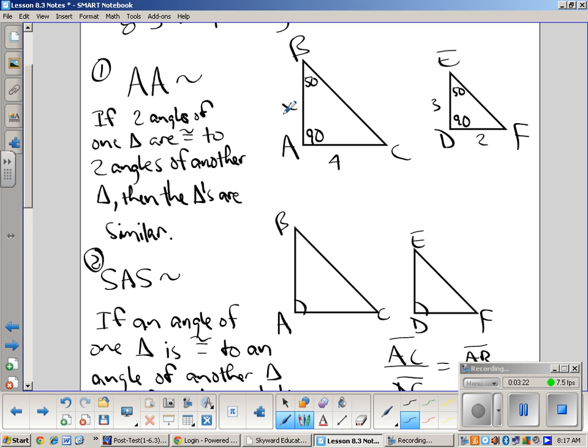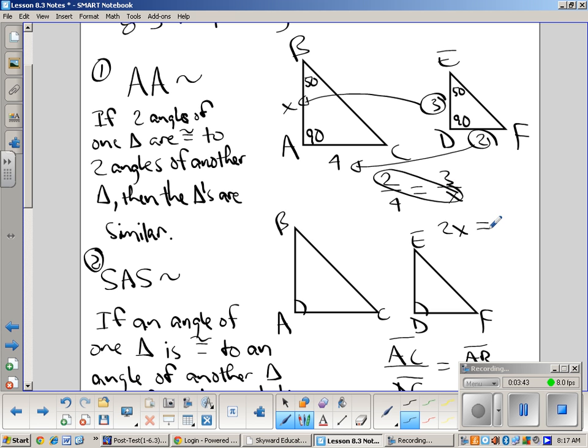So I could then say, okay, 2 is to 4 as 3 is to x. Okay? 2 is to 4 as 3 is to x. So that means 2x is equal to what? 12.